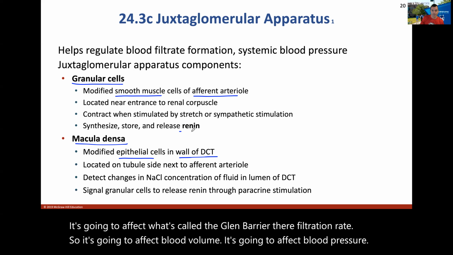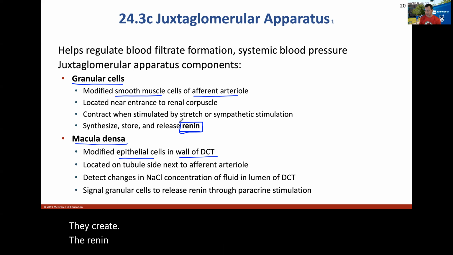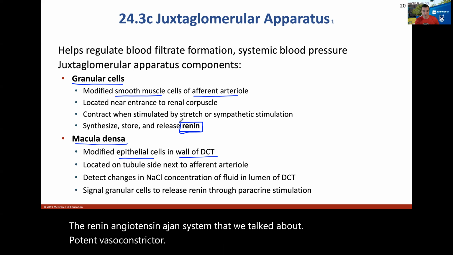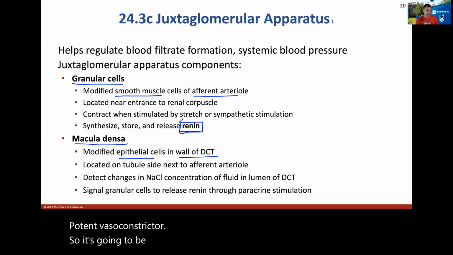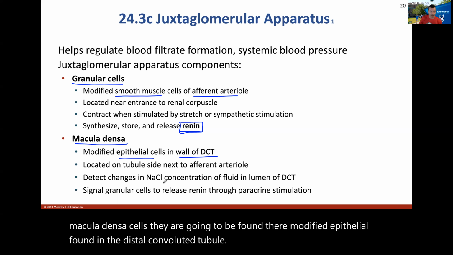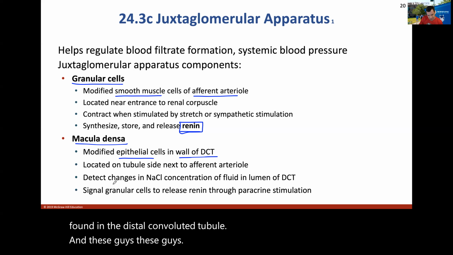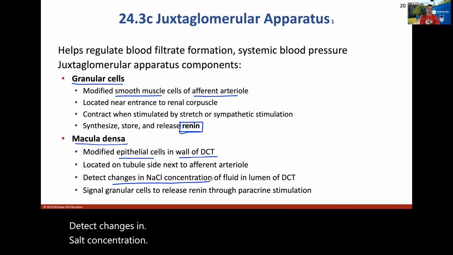They create the renin-angiotensin system that we talked about, a potent vasoconstrictor. So it's going to be involved with helping to regulate blood pressure. The macula densa cells are modified epithelial cells found in the distal convoluted tubule. And these guys detect changes in salt concentration.